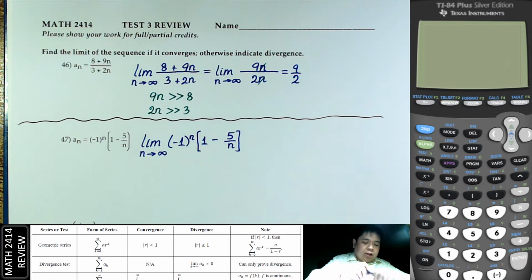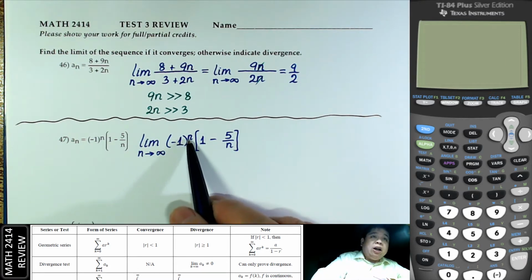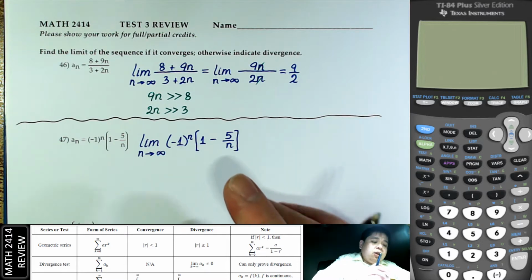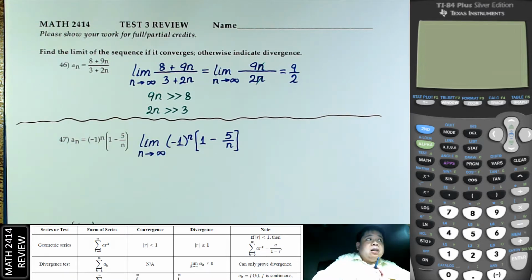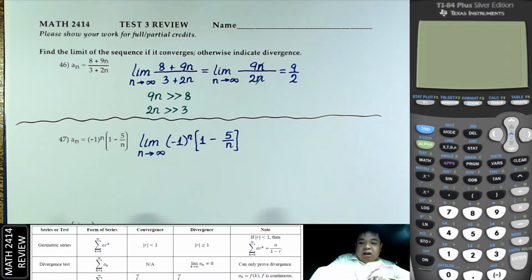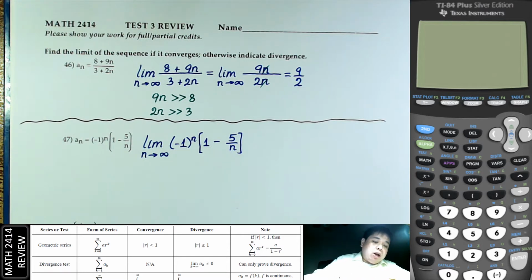Now, as n goes to infinity, negative 1 to the n power, if n is even, it will be positive. If it is odd, it will be negative. So this one will be just 1, negative 1, 1, negative 1, alternating. We call that an alternating factor.